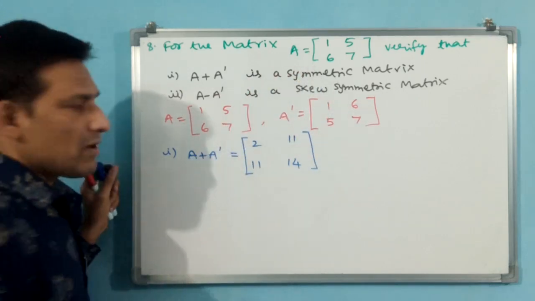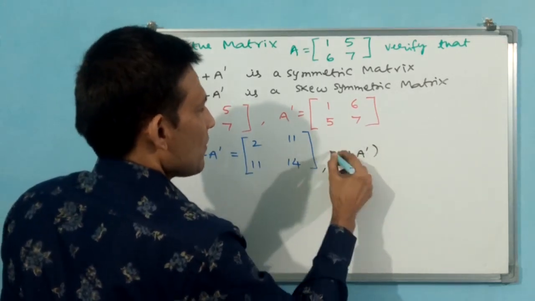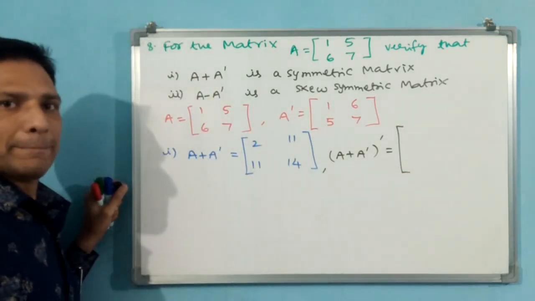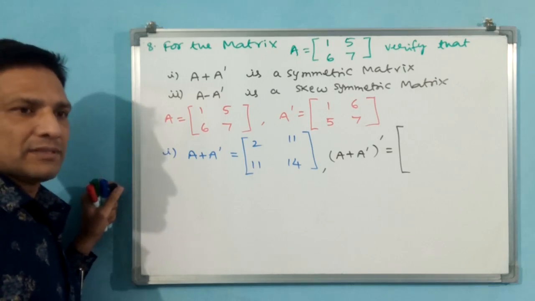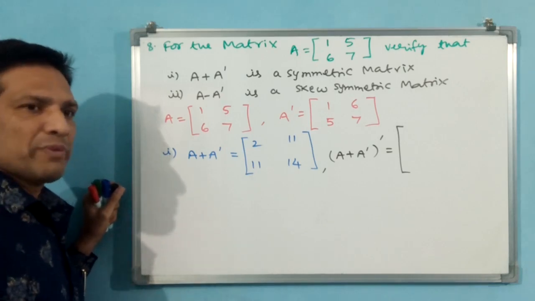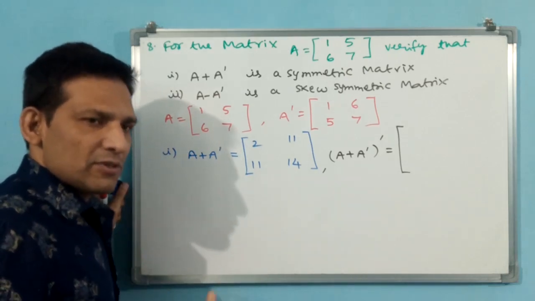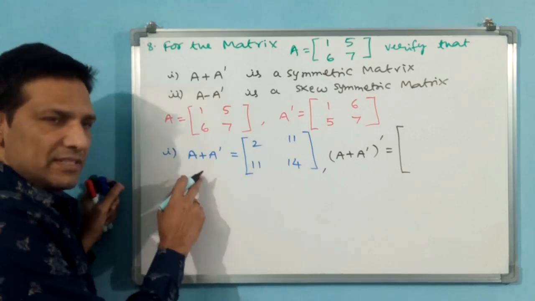For proving symmetric, what do you have to do? A plus A transpose, the whole transpose you have to do. See, to prove anything, symmetric or skew symmetric, you have to do transpose only. After transpose only these concepts have come, symmetric and skew symmetric. Now I am transposing this again.